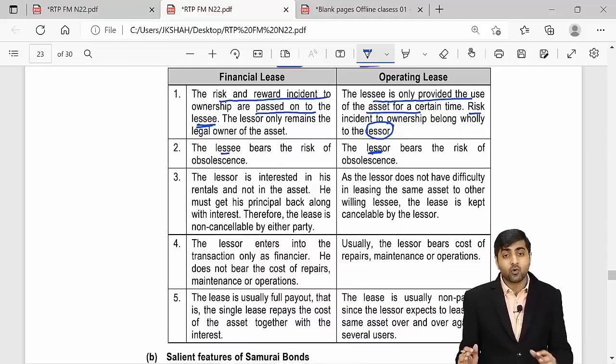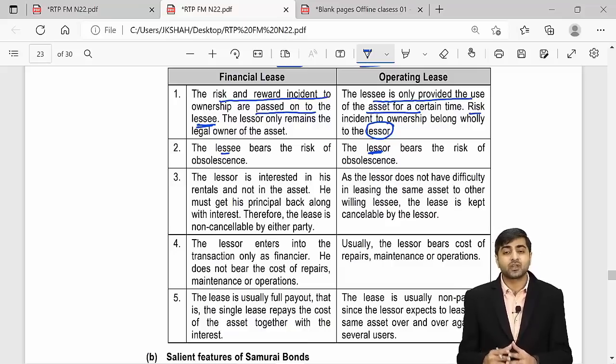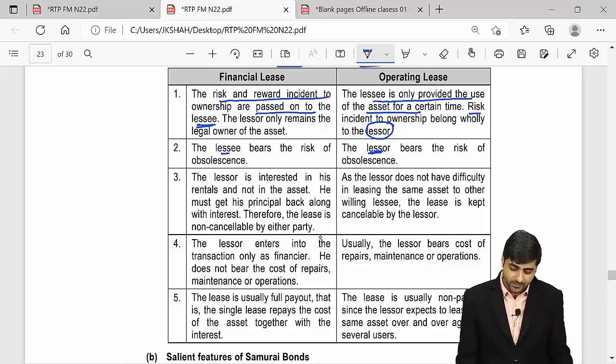So basically ownership belongs to your lessor in your operating lease. So in your operating lease part, the owner has to bear the risk. So that is why the risk is not yet passed. So that is why everything belongs to the owner only in case of your operating lease. The risk is also there with the owner.